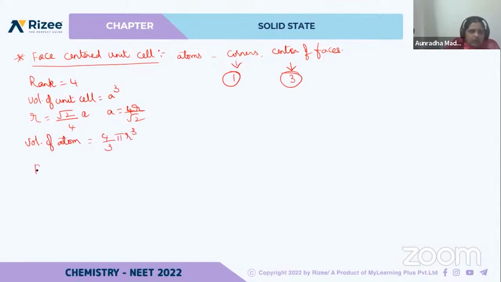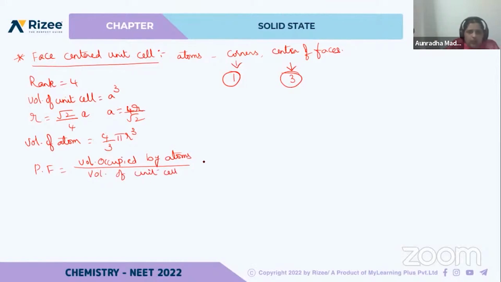Simple as usual, packing fraction. So volume occupied by atoms by volume of unit cell.